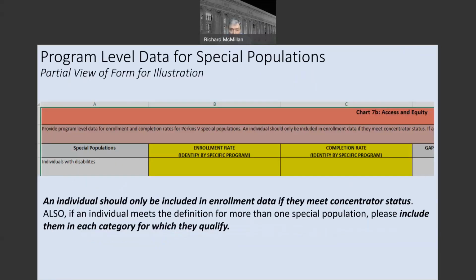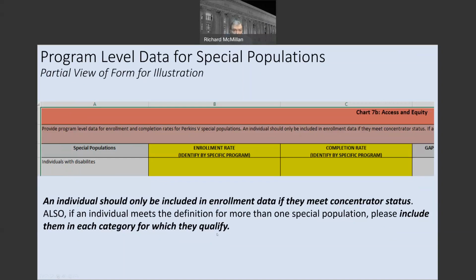Program level data for special populations. Again, this is a partial view of the form for illustration purposes only, so I can talk about the form a little bit before we see other parts. If you notice at the top of this form, it says Chart 7b, access and equity.